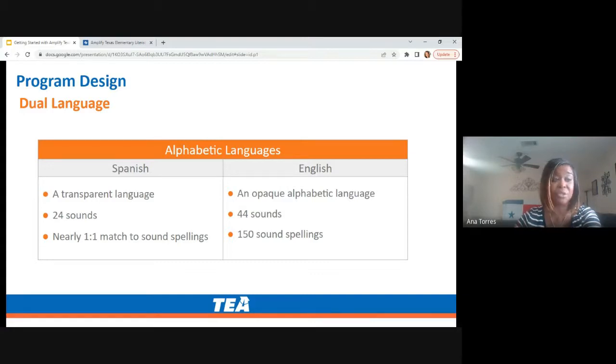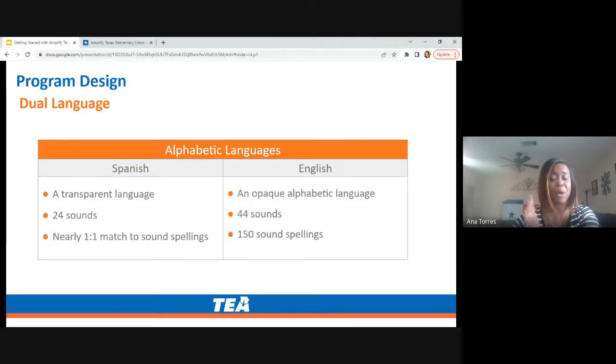English is one of the most opaque alphabetic languages, with 44 phonemes represented orthographically by approximately 150 graphemes; in essence, 44 sounds and 150 sound spellings. In contrast, Spanish is one of the most transparent languages, with between 20 and 24 phonemes and an almost one-to-one match to graphemes.